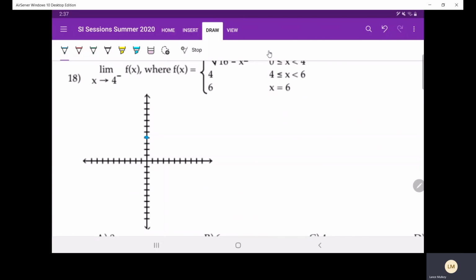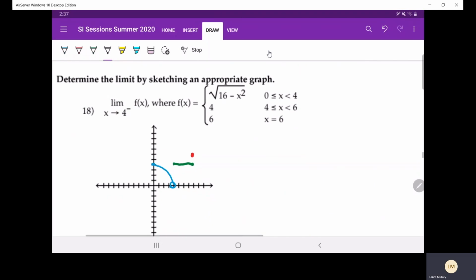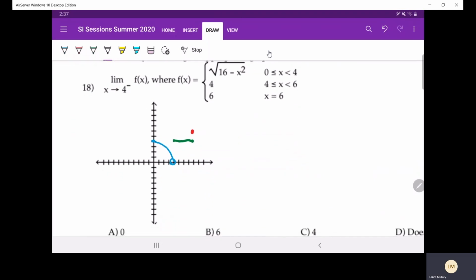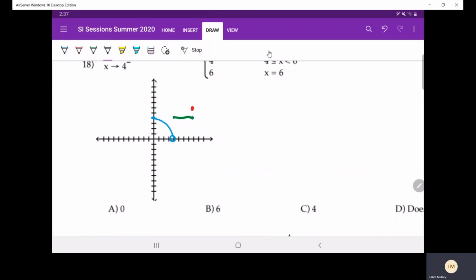It's going to come all the way down here. And then it's 4 between here and 6. And at x equals 6, the value is 6. So the limit as x approaches 4 from the left, the left is the blue right here. As x approaches 4 from the left, the value of f of x is 0.